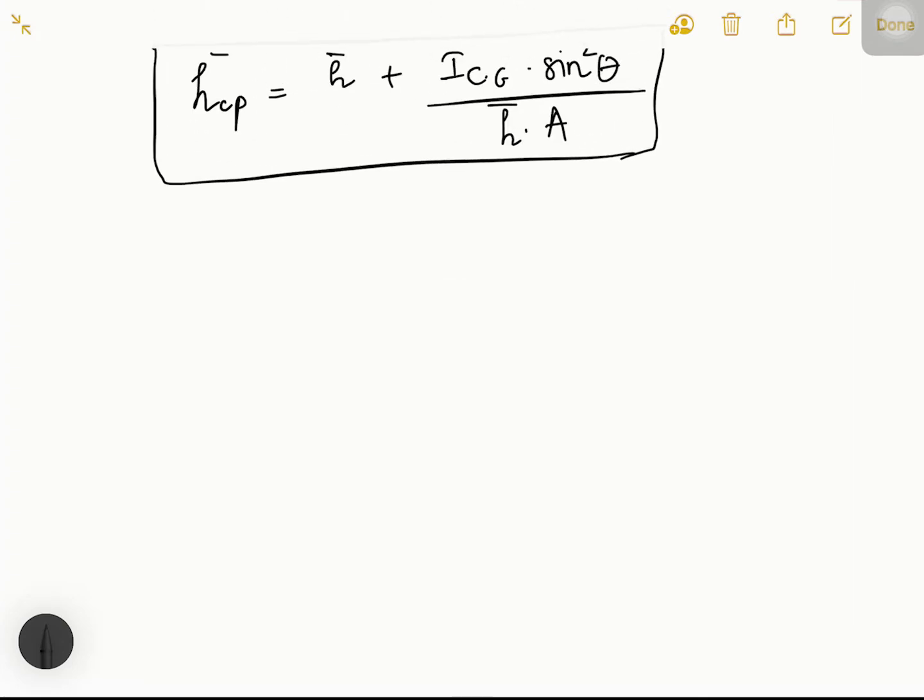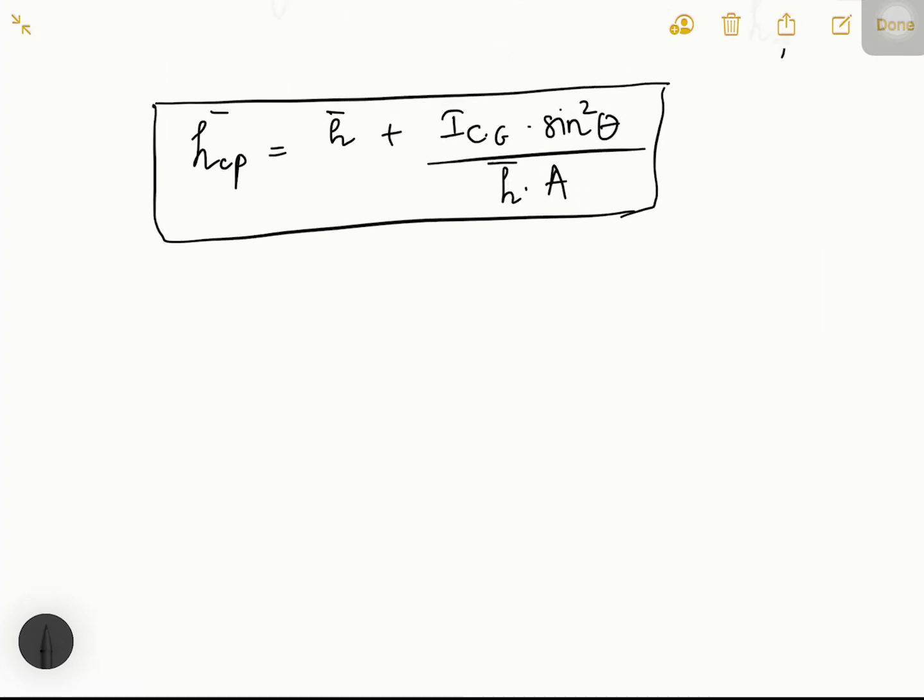Now in today's session we will focus on hydrostatic force determination for vertical surfaces. So what will be the case when we are considering vertical surfaces?